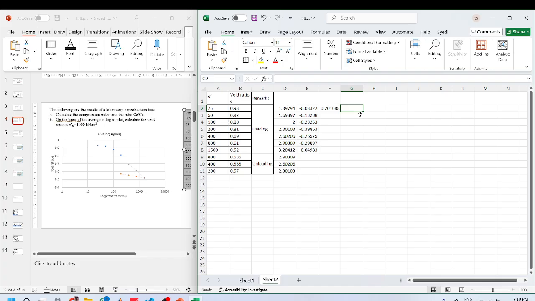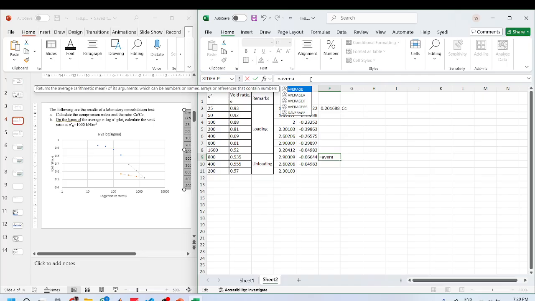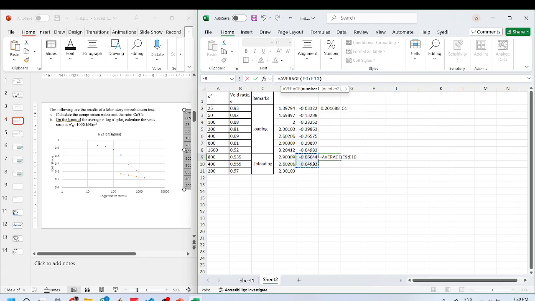This will be your Cc, and you can do the same thing for Cs. You may not have this reading, so you will have 0.05.